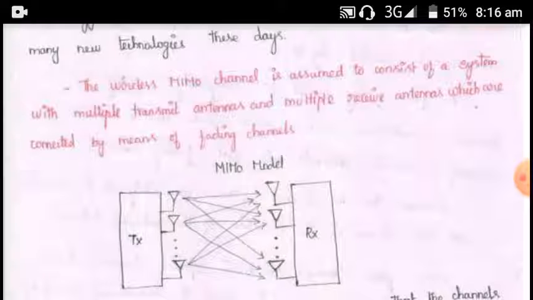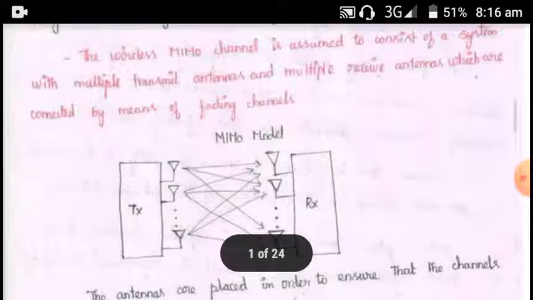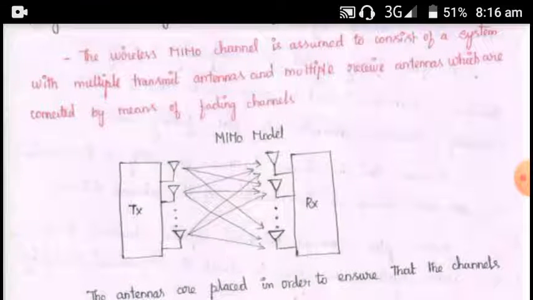Here is a diagram of a multiple input multiple output model. On the transmitter side there will be many transmit element antennas, and on the receiver side many receive element antennas. In between the transmitter and receiver there is a channel, called a fading channel.